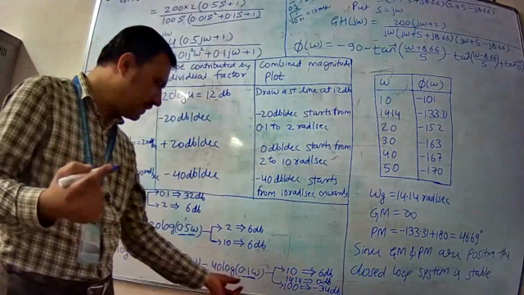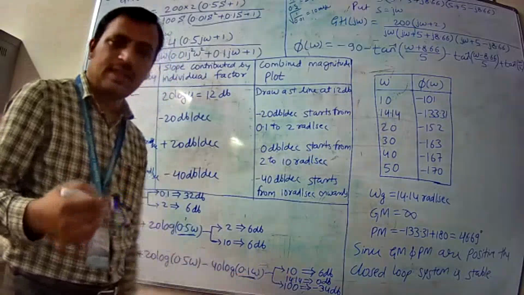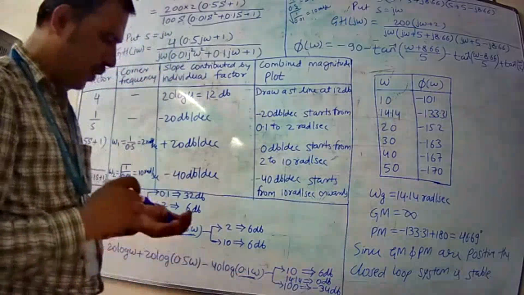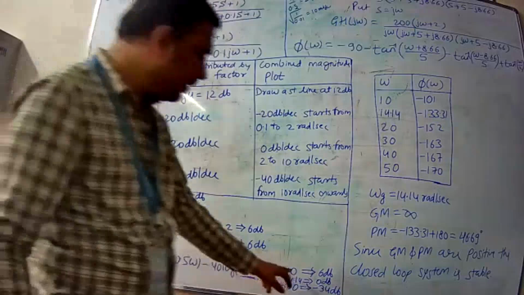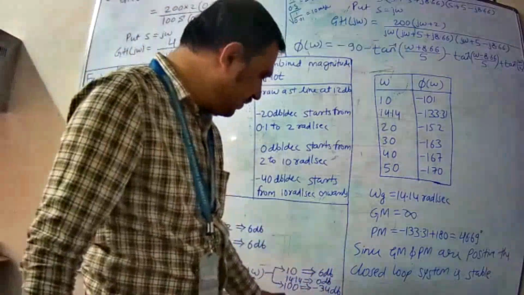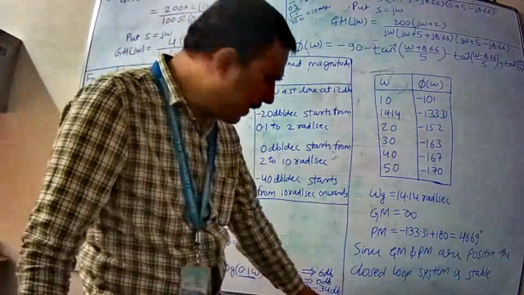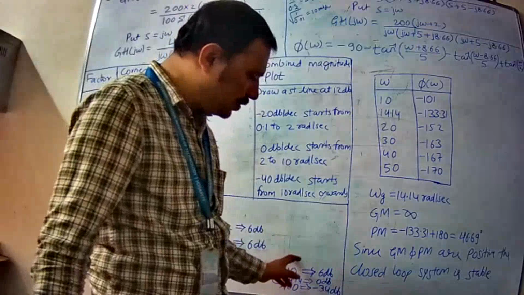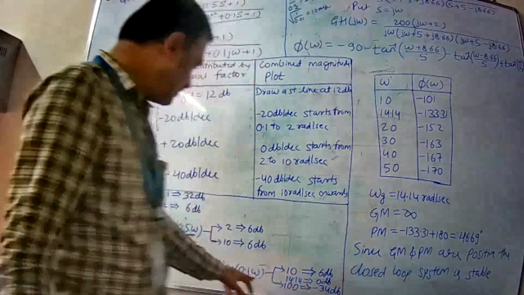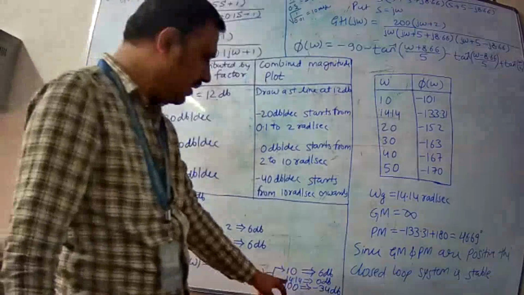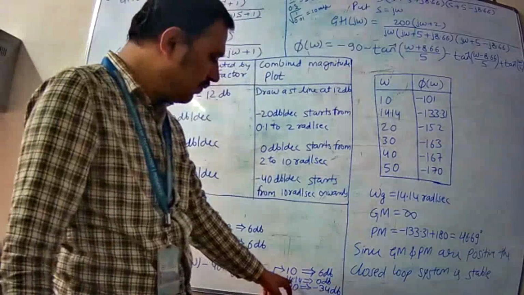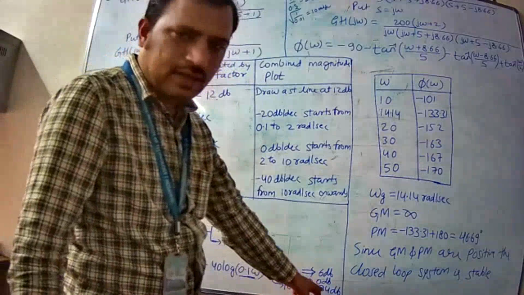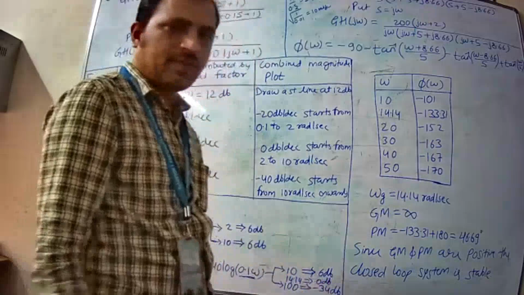You get 1 as the answer. 0.1 into 10, then your value will be 1. For 10, you get the value as 6 dB. For 100, you get the value as minus 34 dB. Here the value is changing from positive to negative, hence we have to equate this equation to 0. Then we get the value, that is 14.14, where the value is 0 dB.